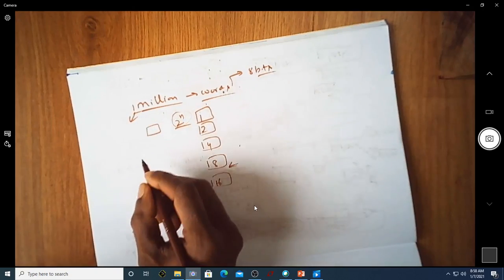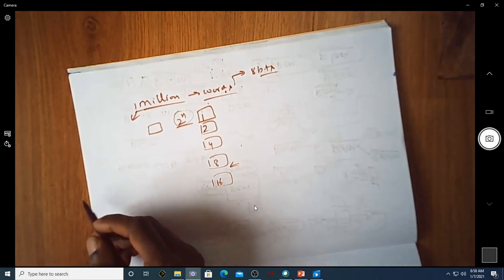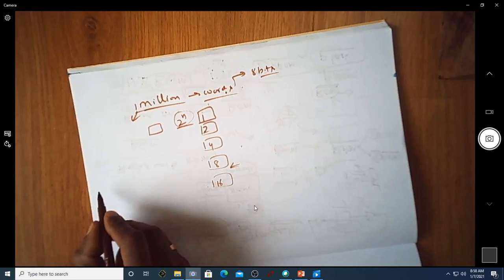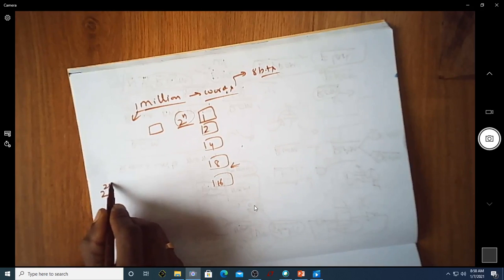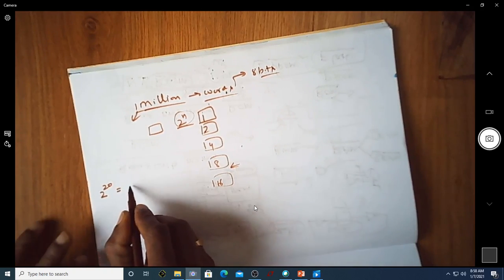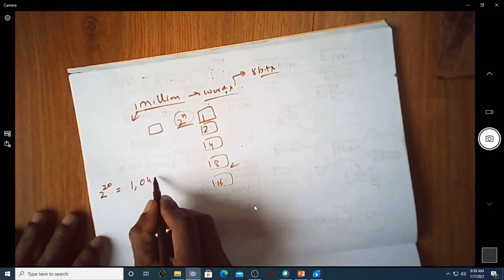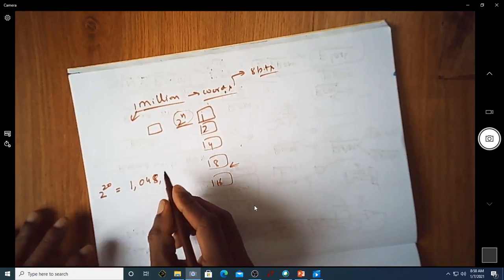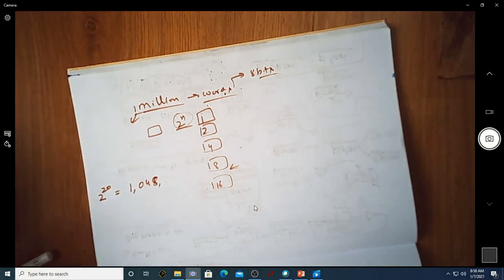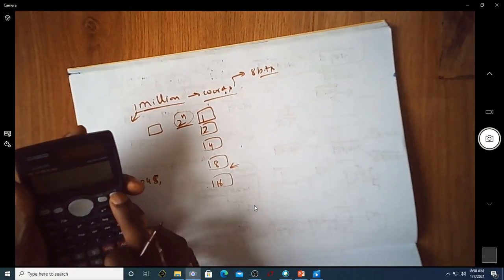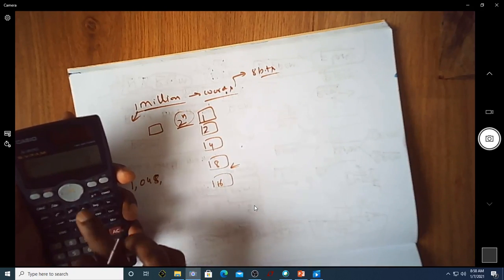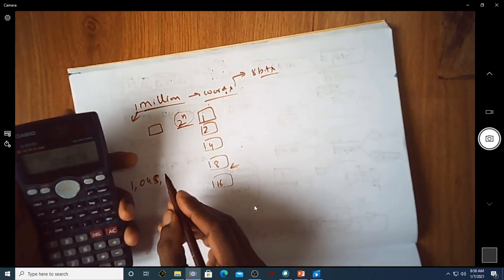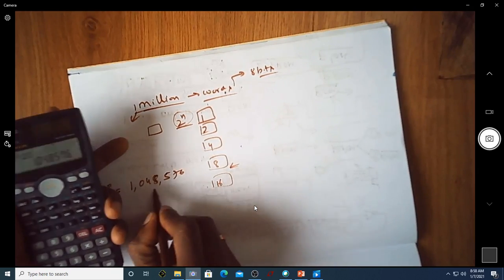Suppose you have around 1 million words. Instead of saying 1 million words, you can write it as 2 to the power of 20. Let me find out how much that number is. 2 to the power of 20 is 1,048,576.